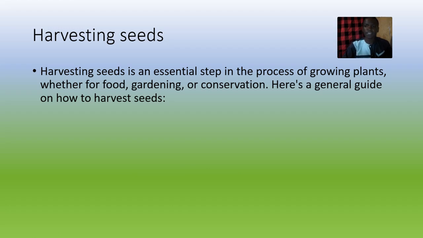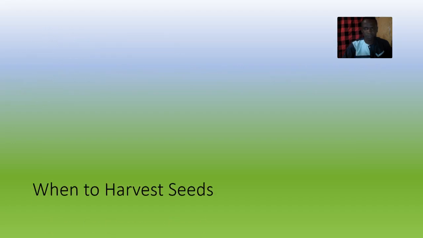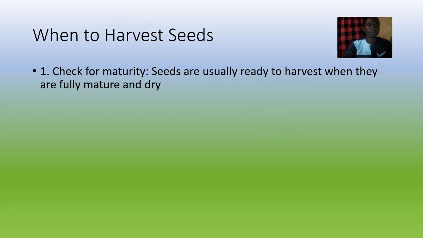Here is a general guide on how to harvest seeds. When to harvest the seeds. Check for maturity. Seeds are usually ready to harvest when they are fully mature and dry.